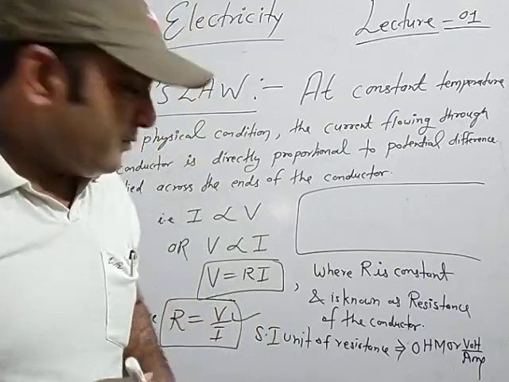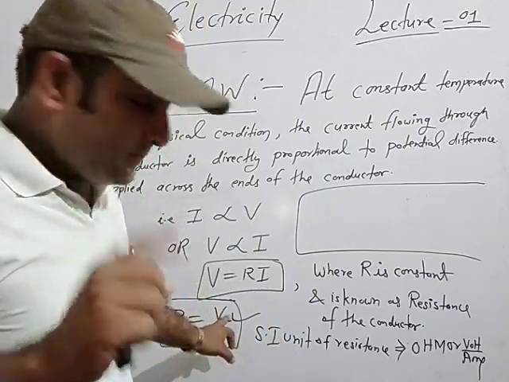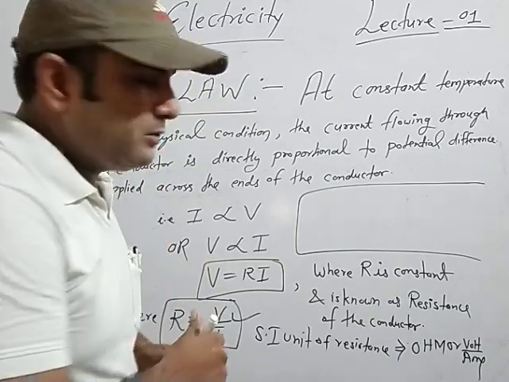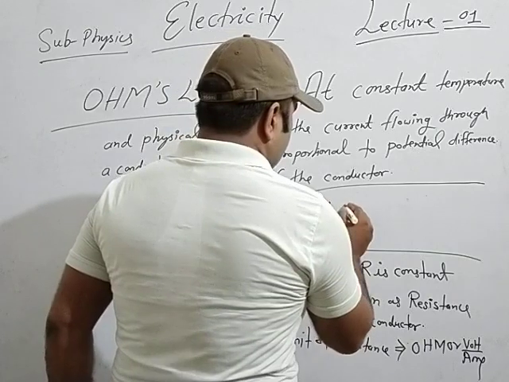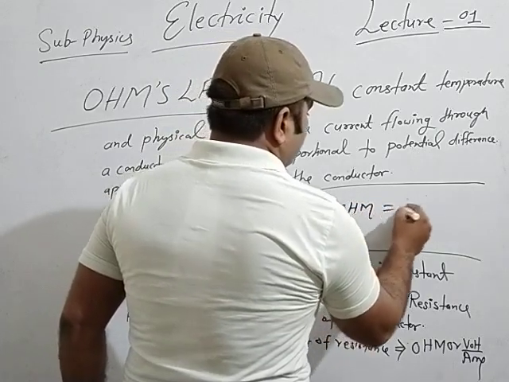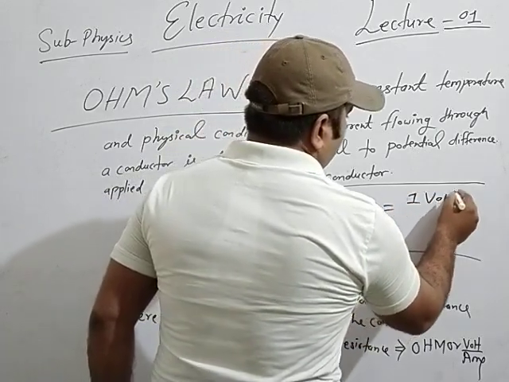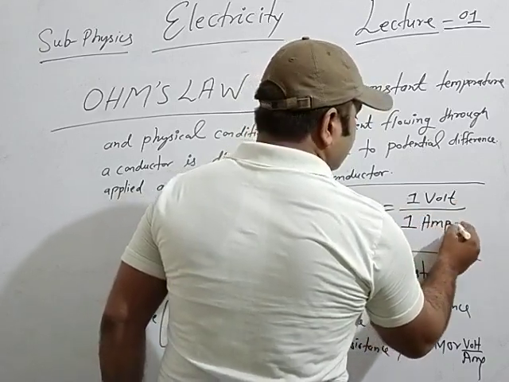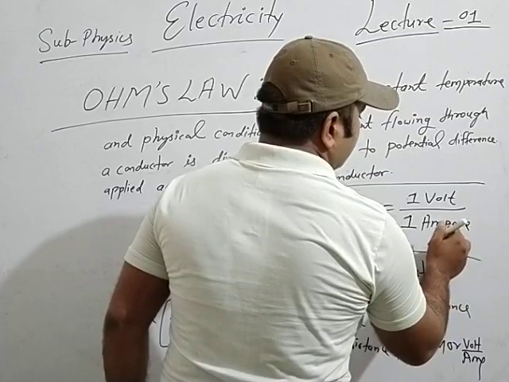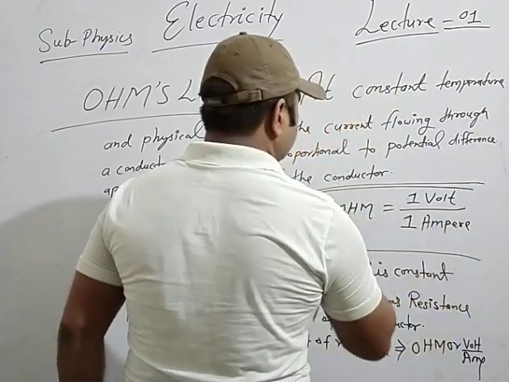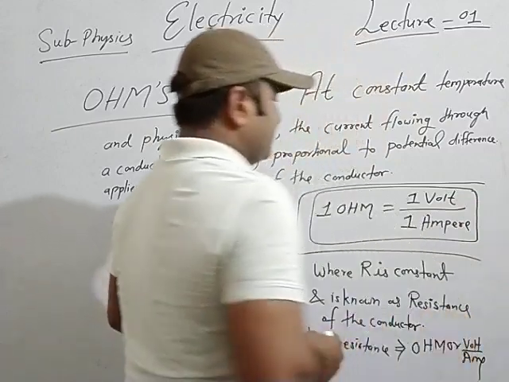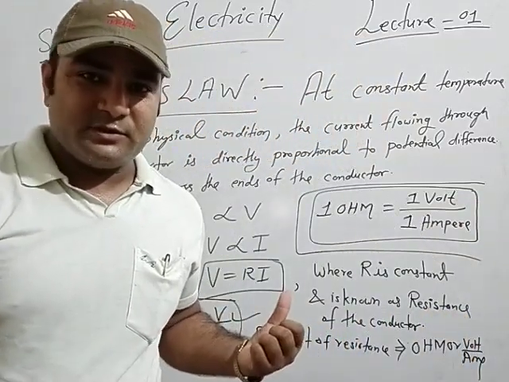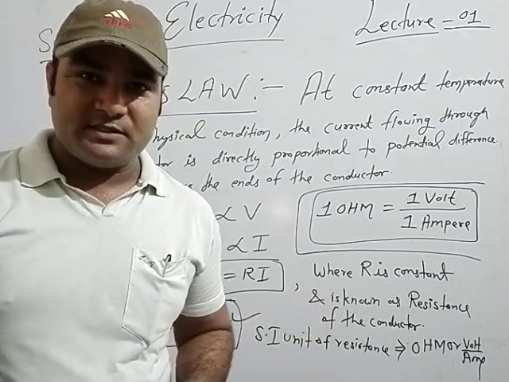Always remember, when V equals 1 volt and I equals 1 ampere, then R must be equal to 1 ohm. It means 1 ohm equals 1 volt upon 1 ampere. Clear? The concept of resistance is very easy. You should practice and try to solve numericals based on this.